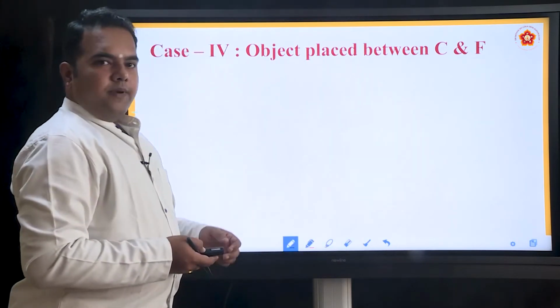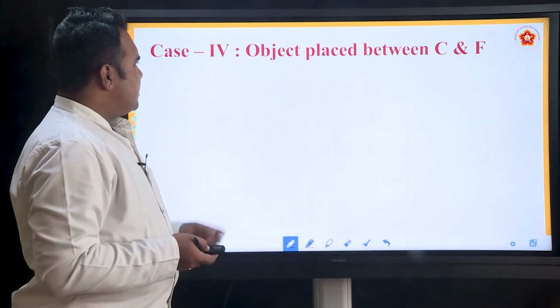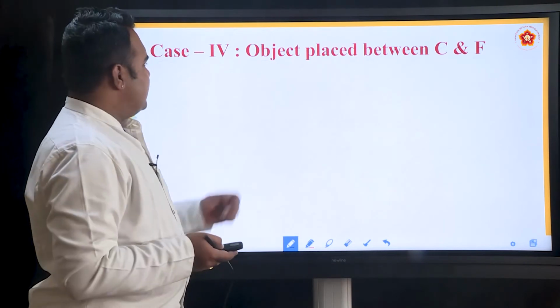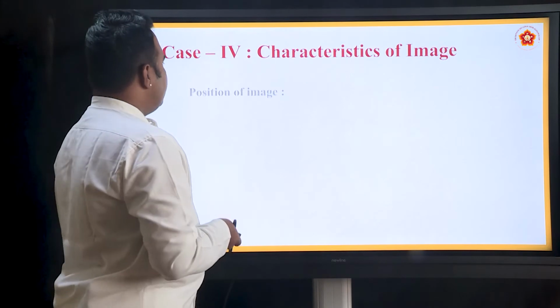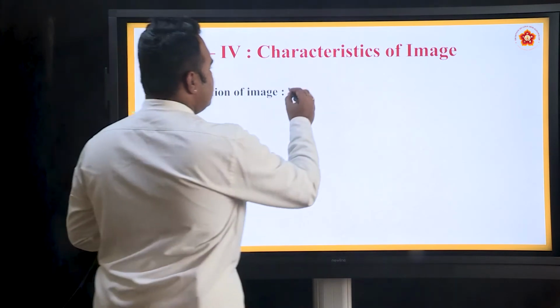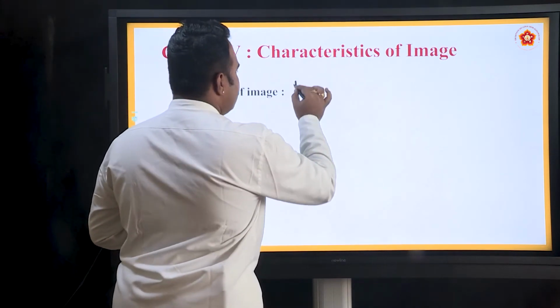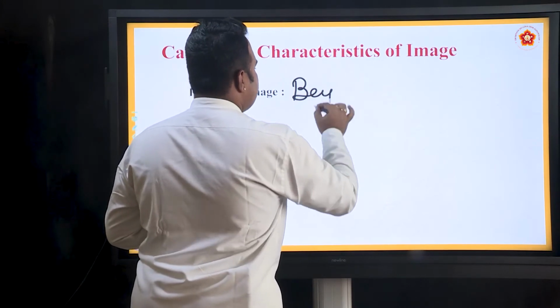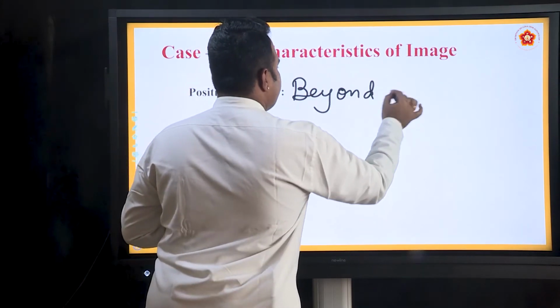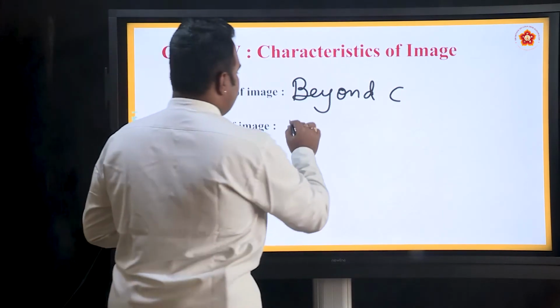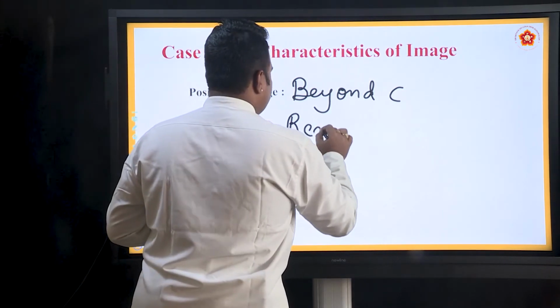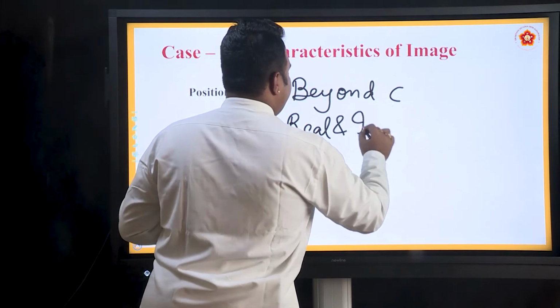So, let us formulate this image formation in the concave mirror, case 4. What will be the position of the image? Position of the image is beyond C. Nature of the image: real and inverted.